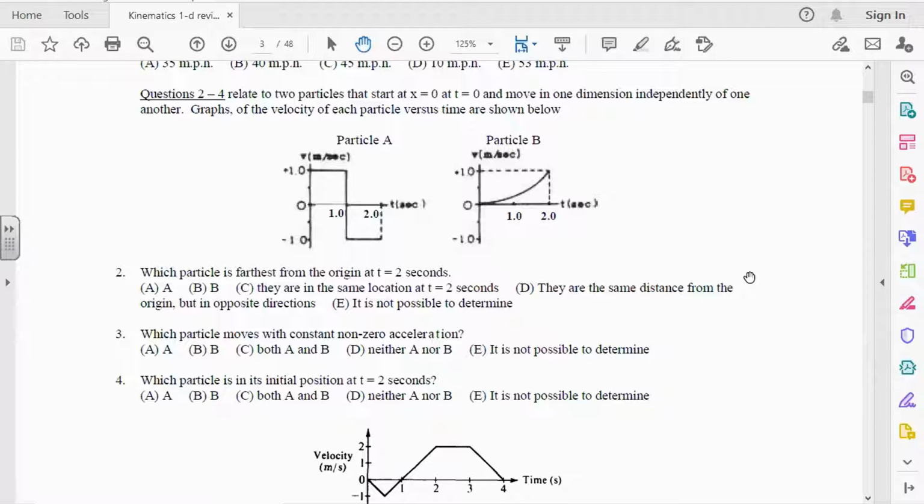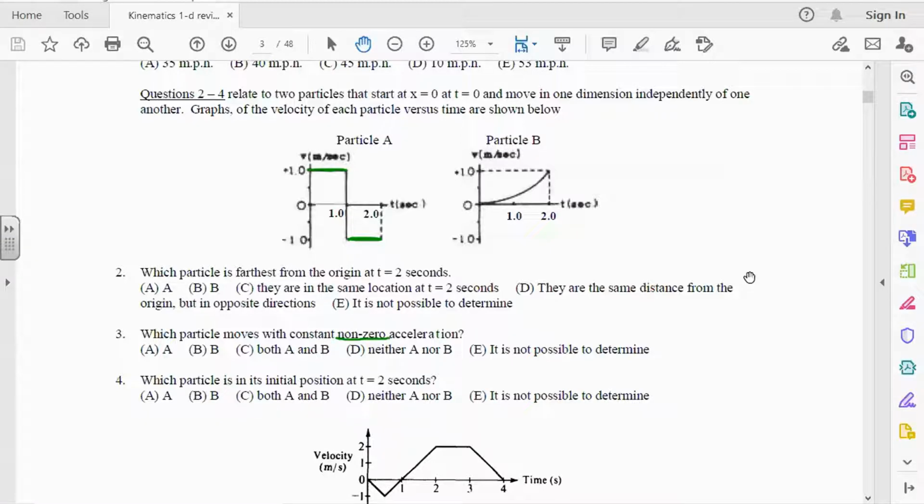And constant means that if it's a constant acceleration, that graph has to be some form of a line. So I can see that this has a constant acceleration of 0, but it says specifically non-zero acceleration.